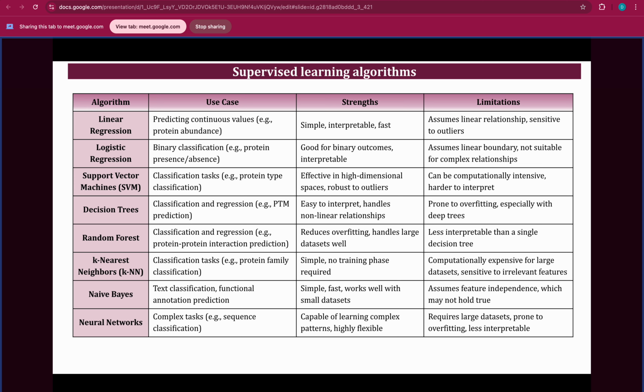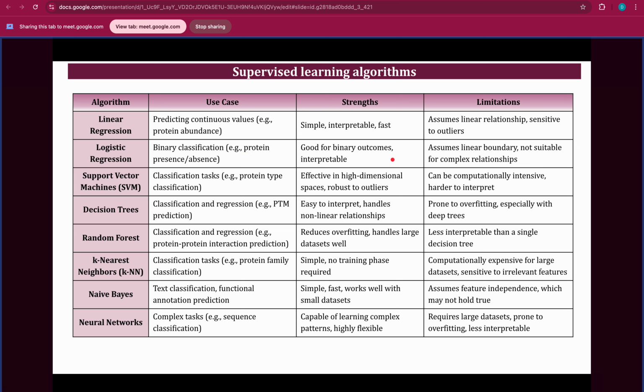logistic regression. But if the output is not binary, for example if you are looking for the effect of a variation, it could be moderate, it could be low, it could be high, it could be extreme. If the output could be multiple categories, then you cannot use logistic regression. You can only use it if there are only two possible categories as your output.